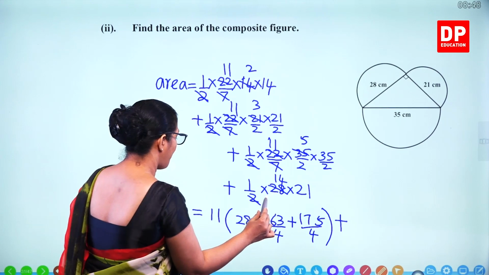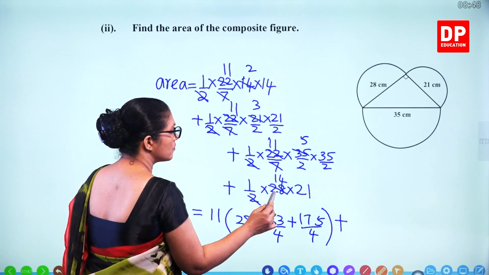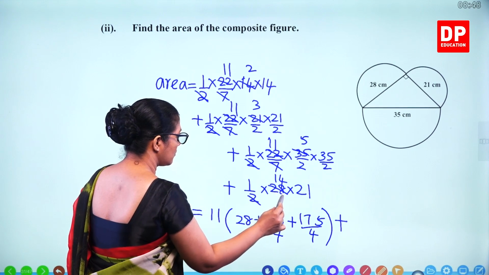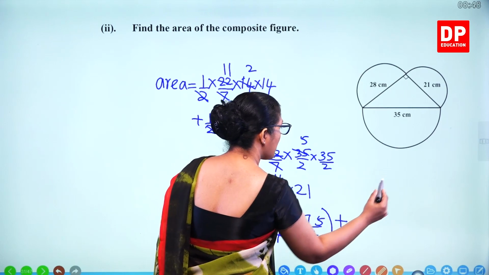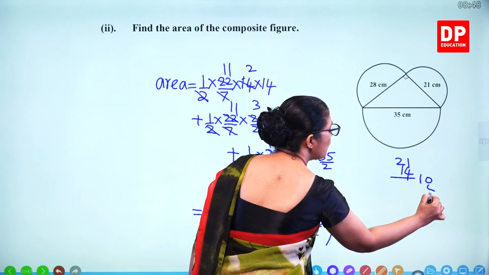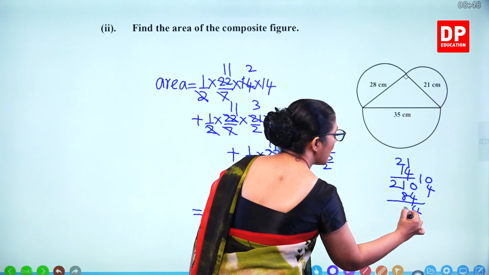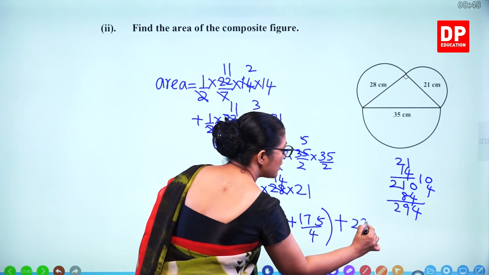Plus we'll multiply 14 and 21. You get 294 there.